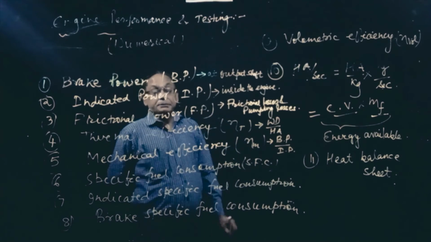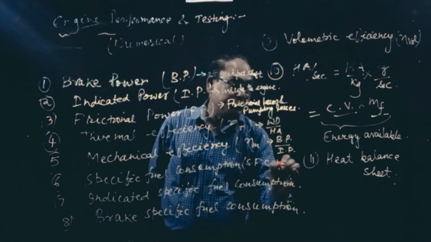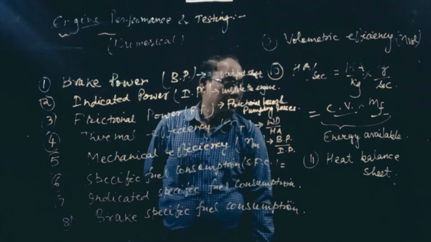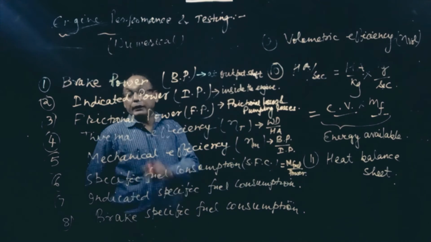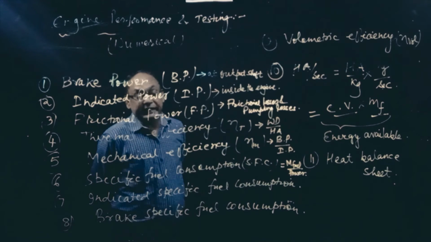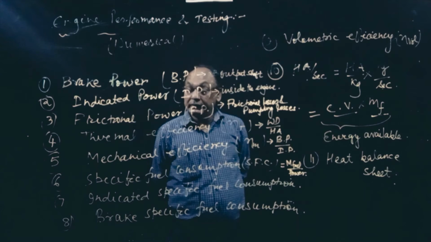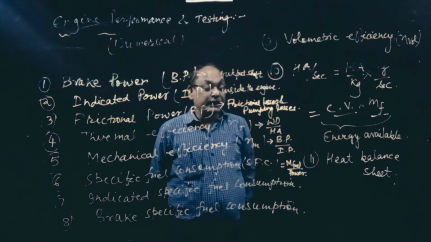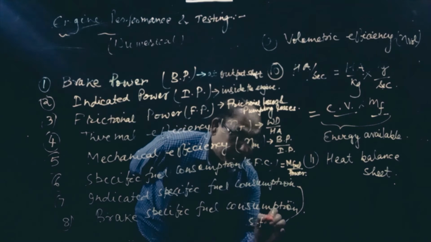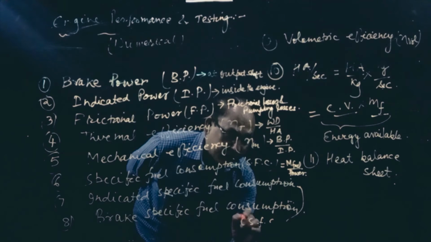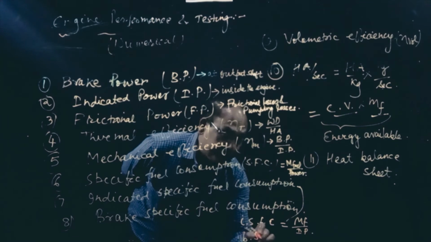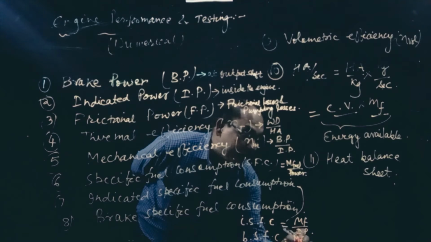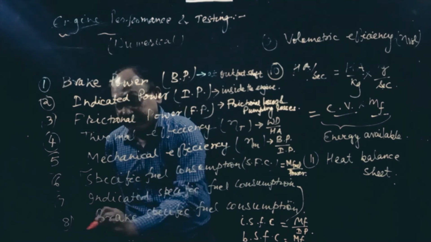Okay, and specific fuel consumption is mass of fuel consumed per hour by power developed. Now see, below 6 there are points 7 and 8. Indicated specific fuel consumption is equal to mass of fuel by IP, and brake specific fuel consumption will be mass of fuel by brake power. So all these three terms are interrelated.